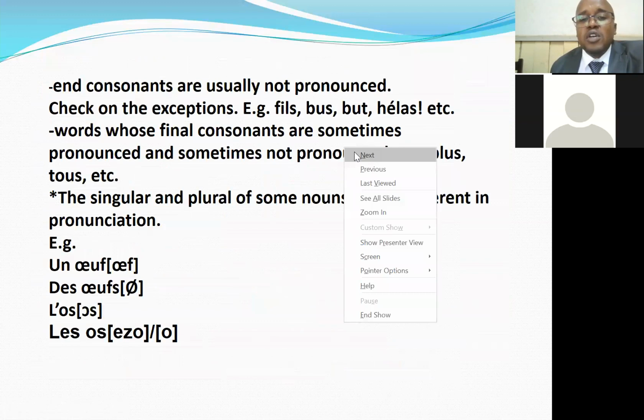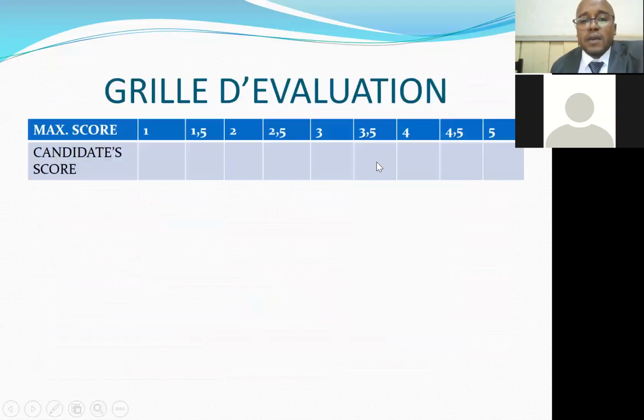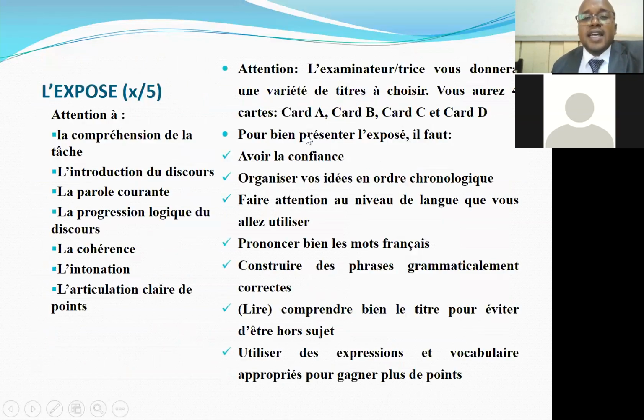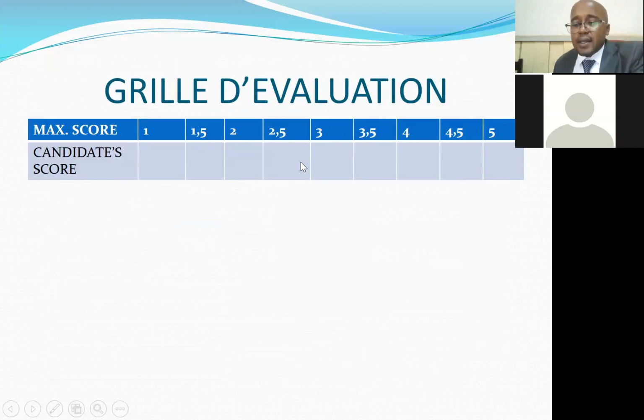Now, if you allow me, then we'll go to expose. And in expose, we are simply talking about a speech. Now remember, for reading aloud, you picked a card out of 2. There are other cards that are there, and there are 4 of them.